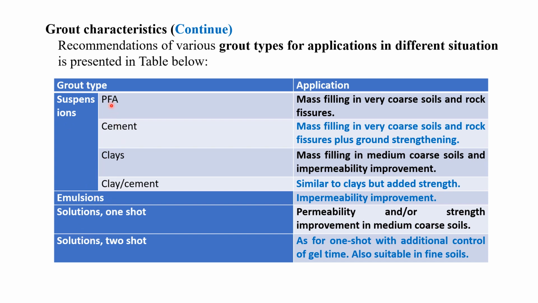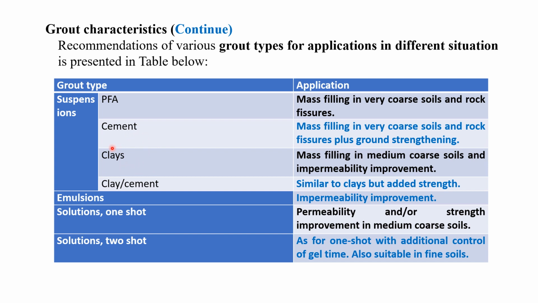Under suspension grout, we have PFA (pulverized fly ash), cement, and clay cement. PFA is used for mass filling in very coarse soil and rock fissures. Cement is also used for mass filling in very coarse soils and rock fissures, plus ground strengthening, right? Ground strengthening can also be achieved by the cement grout.